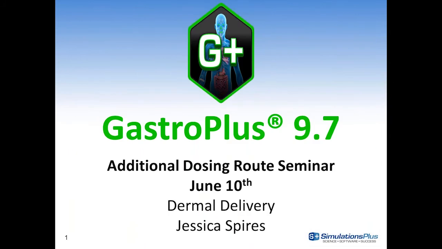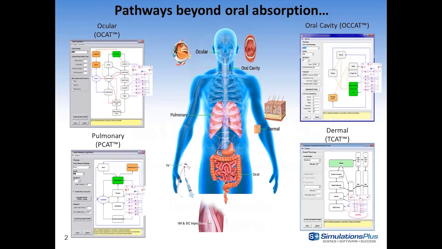So now finally, on June 10th, we can start to talk about dermal delivery and how you would model this in GastroPlus. Just as a reminder, these were all of the additional dosage routes that we have in GastroPlus.